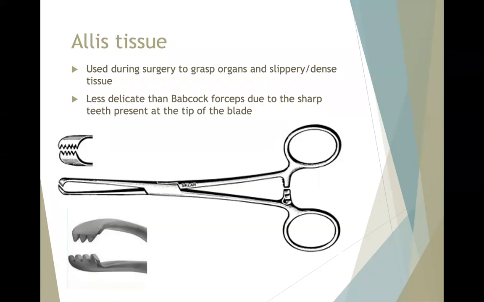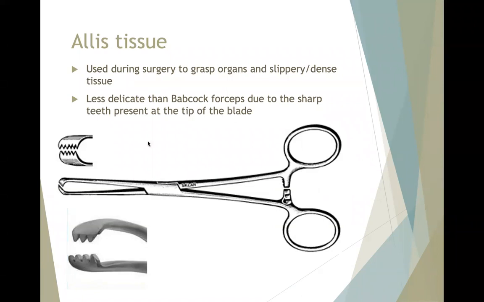We don't want to use the Allis tissue forceps on anything that is delicate in nature or could fray easily, because these teeth can be sharp, especially if you're using the locking mechanism on your tool. We don't want it to shred the tissue. We want it to effectively hold muscles or organs out of the way so that we can get to what we are needing to operate on.